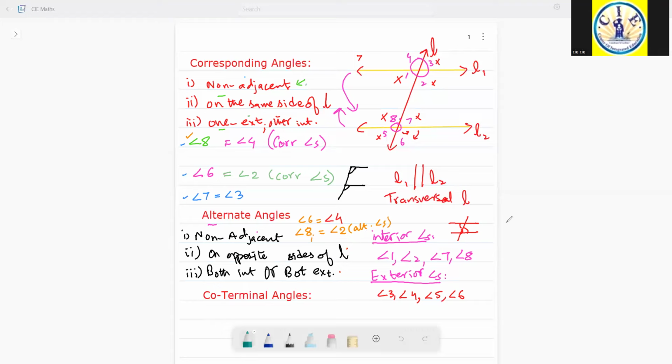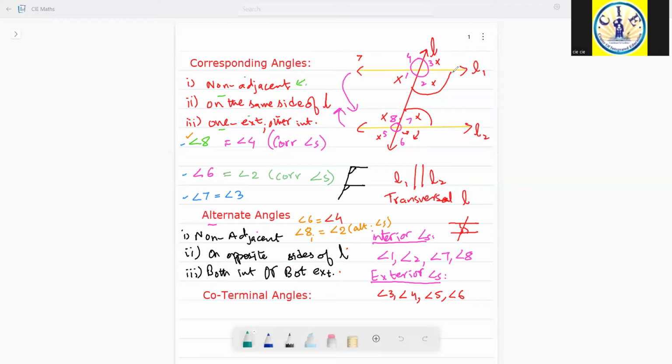So you can also say, for example, we have got the angles which are coterminal to each other, like their sum is equal to 180 degrees. When you talk about angle 7 and angle 2, their sum is equal to 180 degrees, being on the same side.